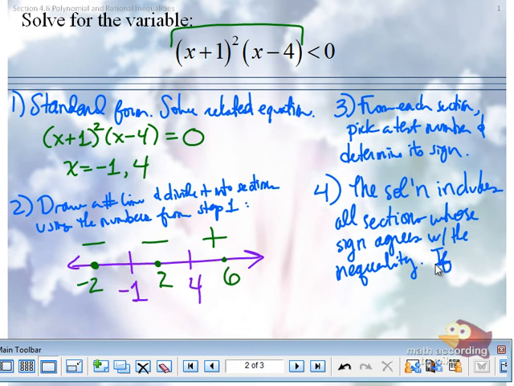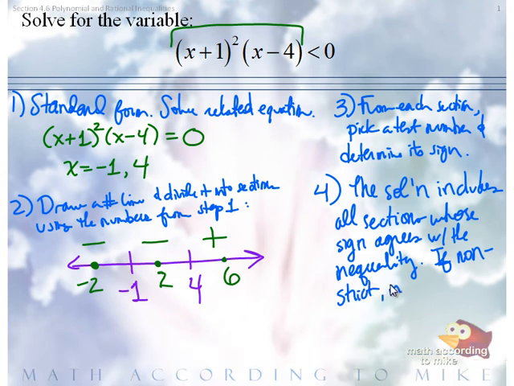If non-strict, meaning it's got an equal to, include the values from step 1.